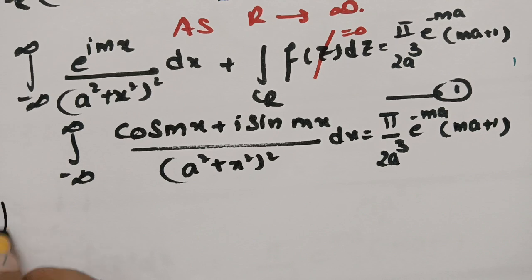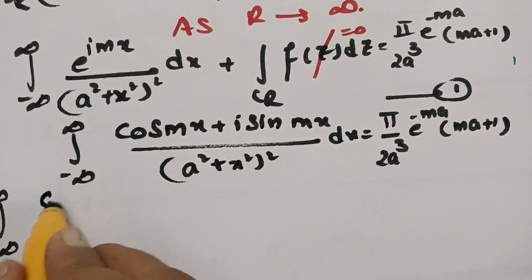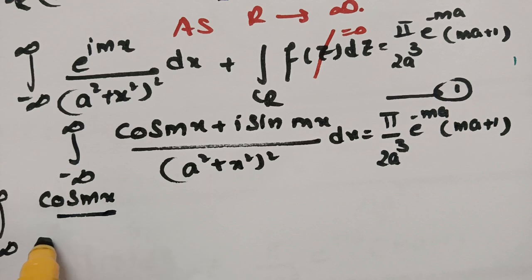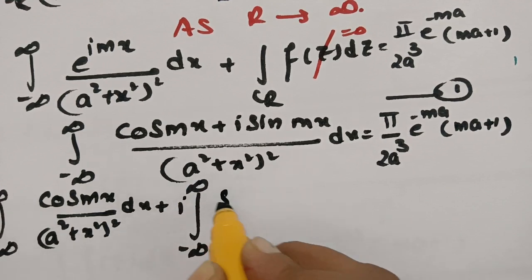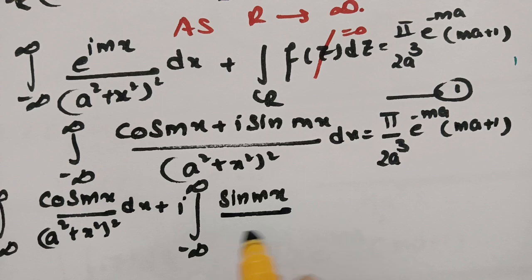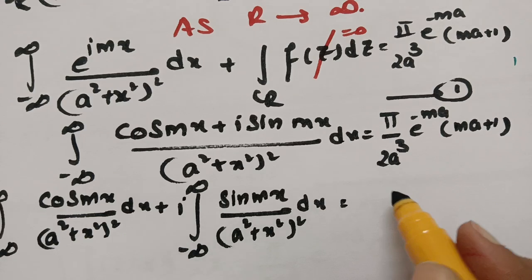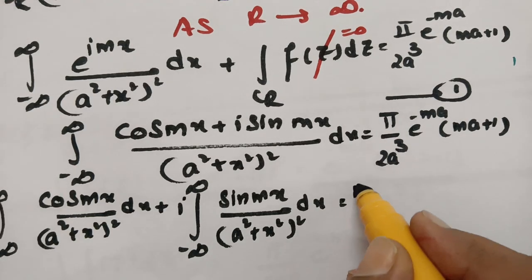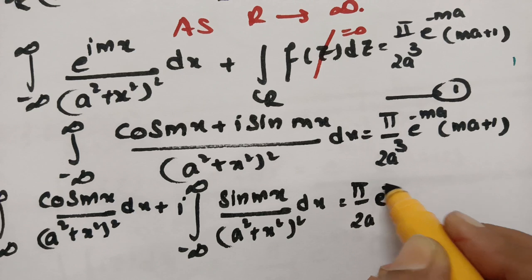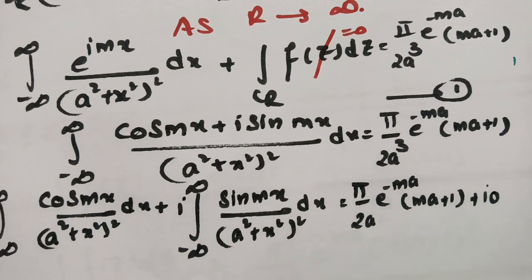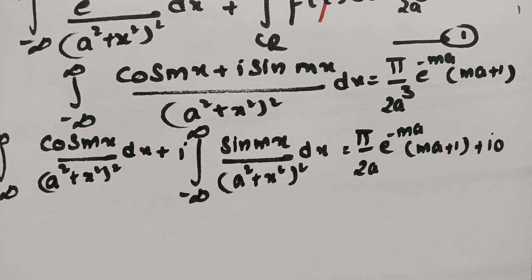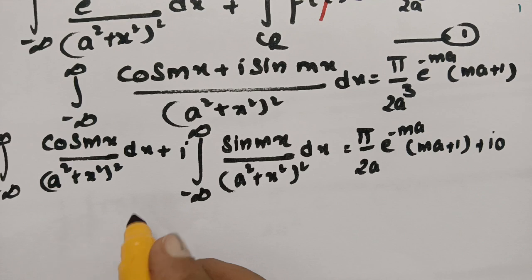Now if I split this into real and imaginary parts, that is the integral of cos mx by (a square plus x square) whole square dx plus i times the integral from minus infinity to plus infinity of sin mx by (a square plus x square) whole square dx is equal to pi by 2a cube e power minus ma into (ma plus 1) plus i times 0. Now equating the real parts on both sides.